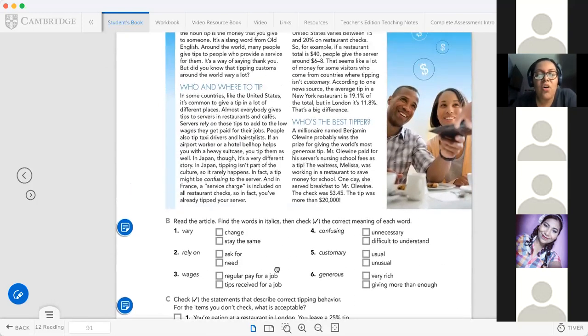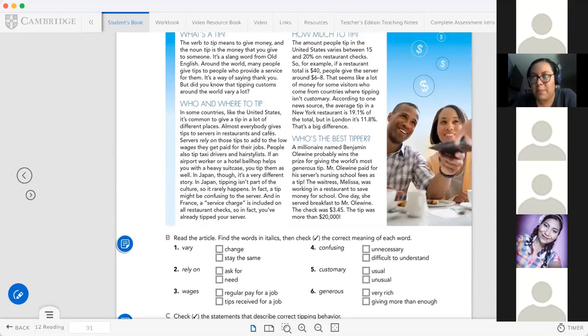Okay? So, un par de estas palabras las explicamos ya cuando íbamos leyendo, otras cuantas son muy comunes y seguramente ya las conocen, ¿ok? Tenemos very, rely on, le expliqué, wages, le expliqué, confusing, customary, and generous, okay? Let's try to do this exercise together. Please help me in the chat, okay?